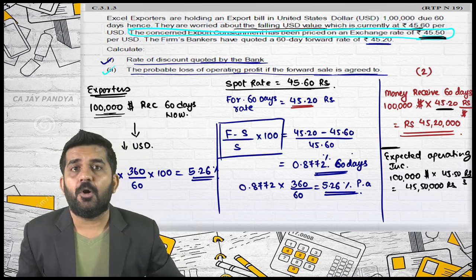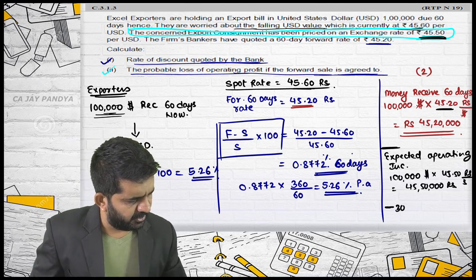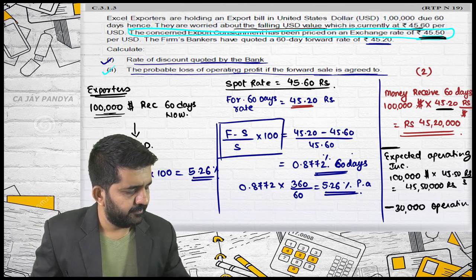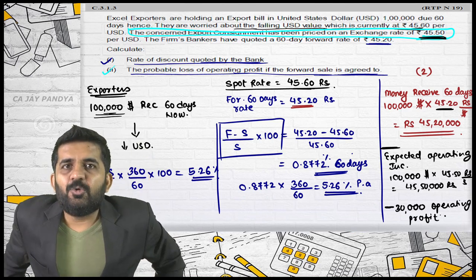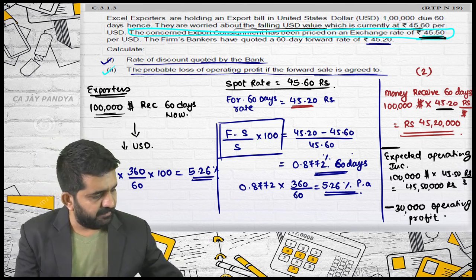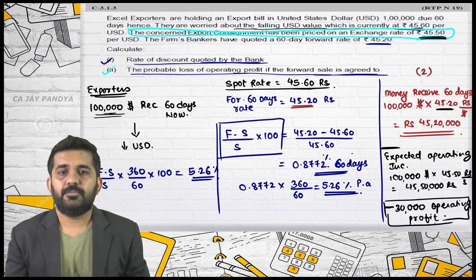Is there a loss in operating profit? Yes, there is a loss of 30,000 in operating profit. So they have done a loss making business. Yes or no? Can some of the students explain to me what is this actual loss of 30,000 operating loss?